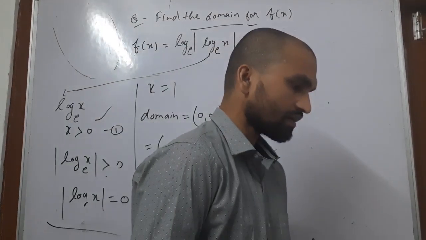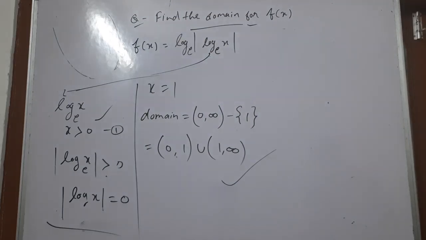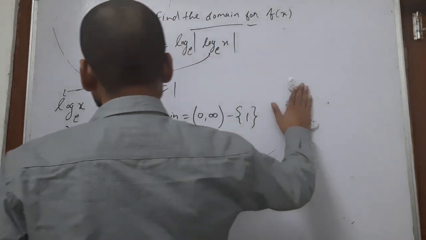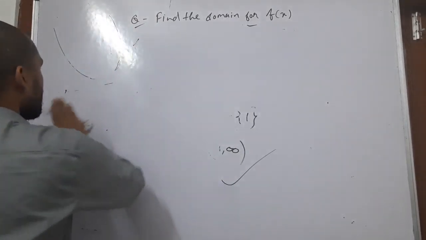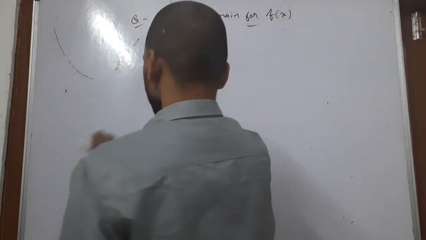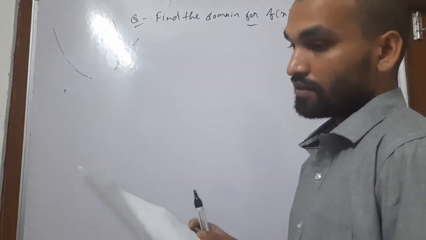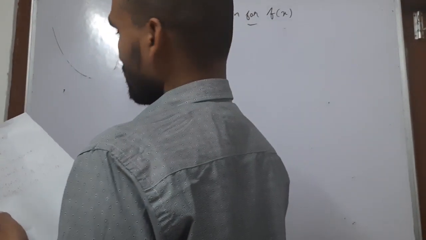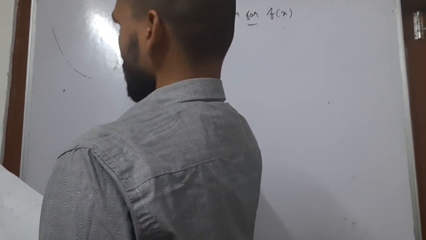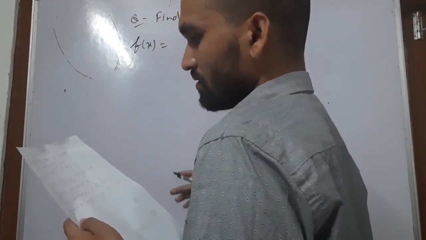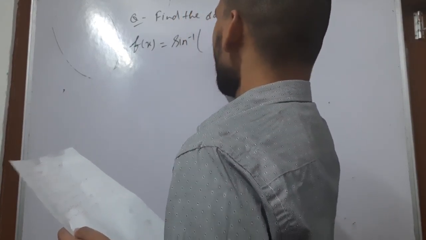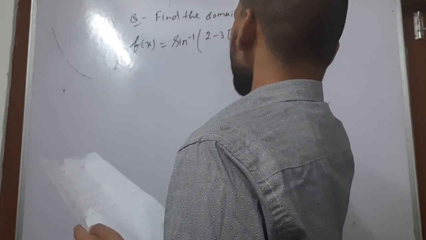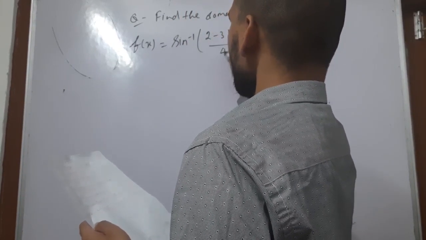Now we should select another question, that is f(x) is equal to sin inverse of (2 minus 3 greatest integer x) divided by 4.